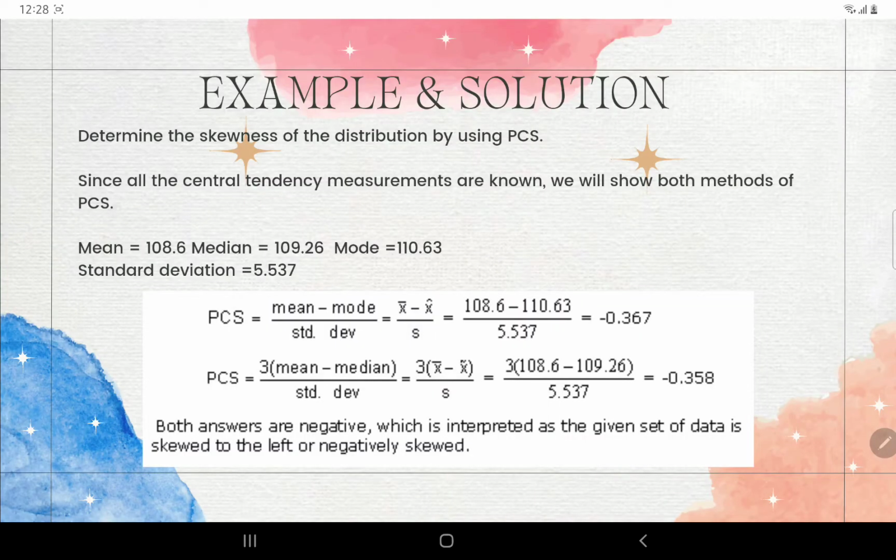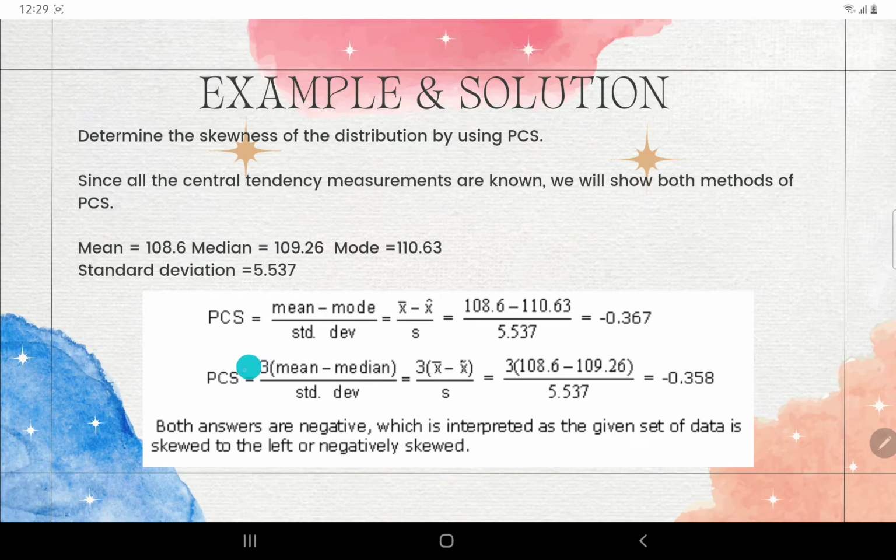So this is when we use Pearson's first coefficient. Mean minus the mode, and then divide by the standard deviation. So the answer is negative 0.367.